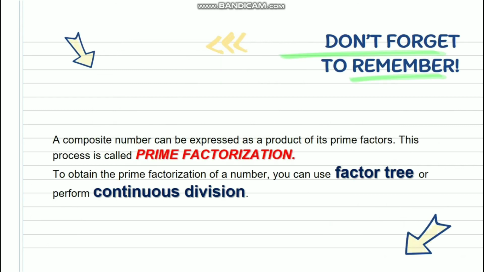Don't forget to remember a composite number can be expressed as a product of its prime factors. This process is called prime factorization. To obtain the prime factorization of a number, you can use a factor tree or perform continuous division. Okay, so that's all for this video.